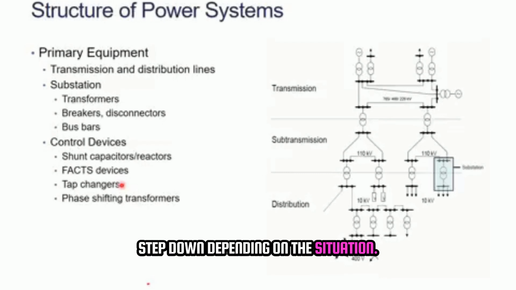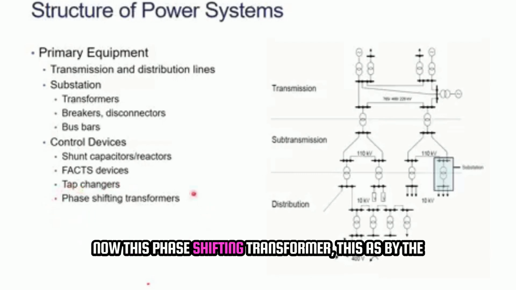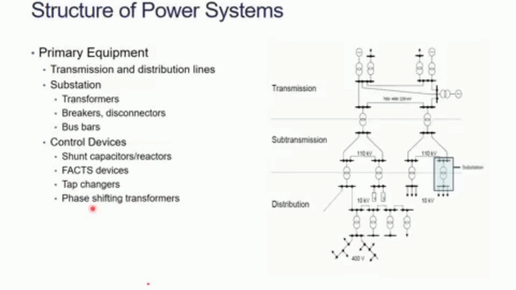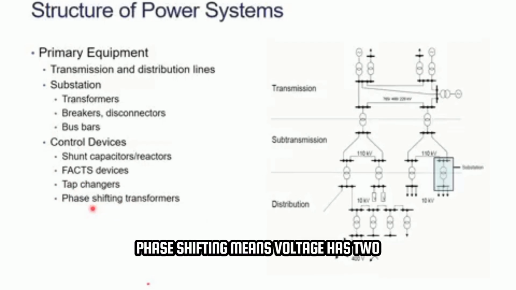Now this phase shifting transformer, as by the name you can think of, phase shifting. Voltage has two components in a power system. Voltage is a complex quantity, so there is a voltage magnitude and there is an angle.